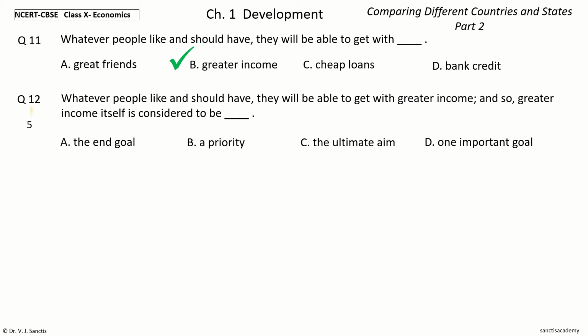Your time to choose. And the answer is one important goal. So, greater income itself is considered to be one important goal.